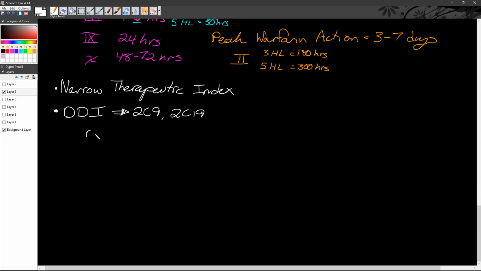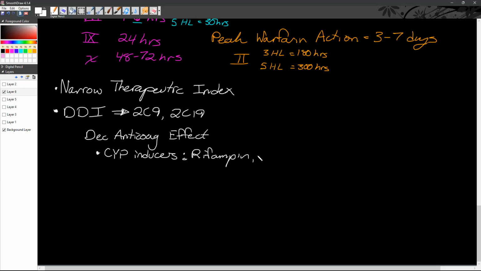So effects that will decrease the anticoagulant effect of warfarin are CYP inducers, specifically the drugs rifampin, carbamazepine, and our good old friend St. John's wort, as well as tons and tons of stuff that we see in everyday life, like ginger and licorice, right?